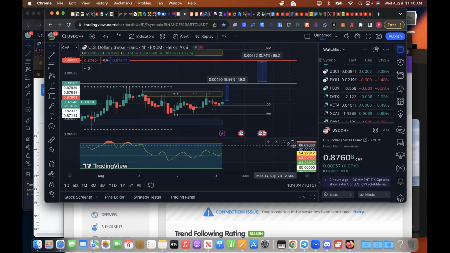All right, so I'll just try to check my other structure to see how we add up things first. USD CAD.